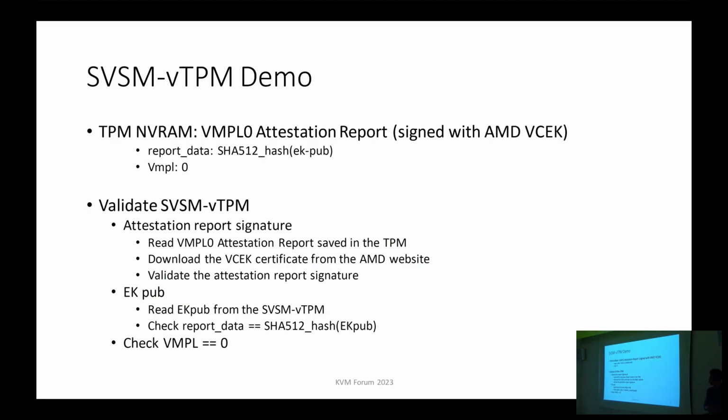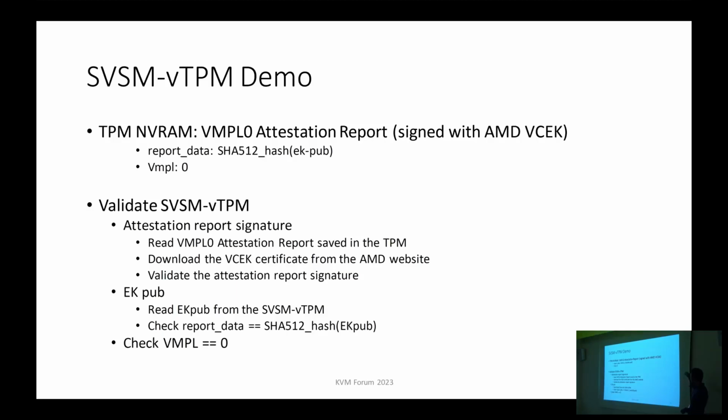So now I'm going to do a simple demo. When the SVSM is booting, it stores the VMPL 0 attestation report in the TPM NVRAM, and I want to validate that attestation report to see if it's authentic. Basically, we have to go through three steps. The first is to check if the signature is okay.